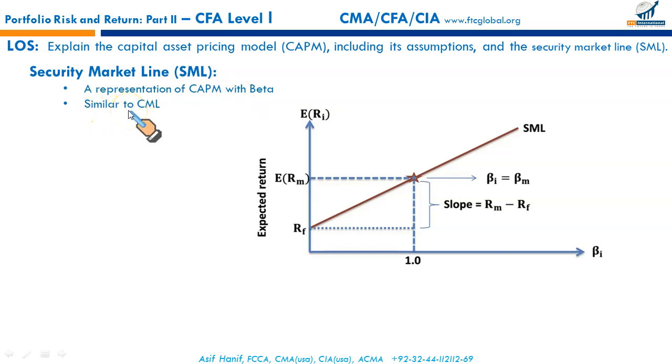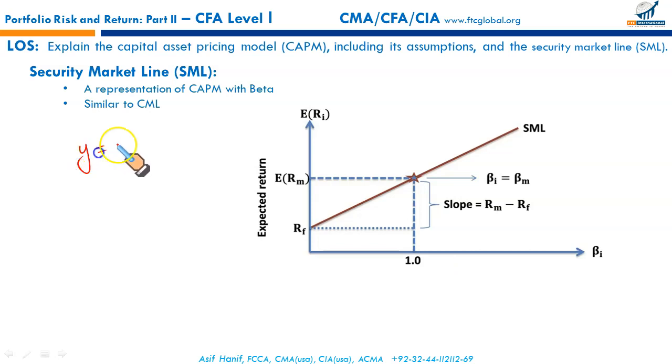Similar to the capital market line, the y-intercept represents RF and the slope of this line is the market risk premium. So please note, in the capital allocation line and the capital market line, we had the total risk, that is the standard deviation of the portfolio, on the x-axis, but here we have the systematic risk of the asset on the x-axis.